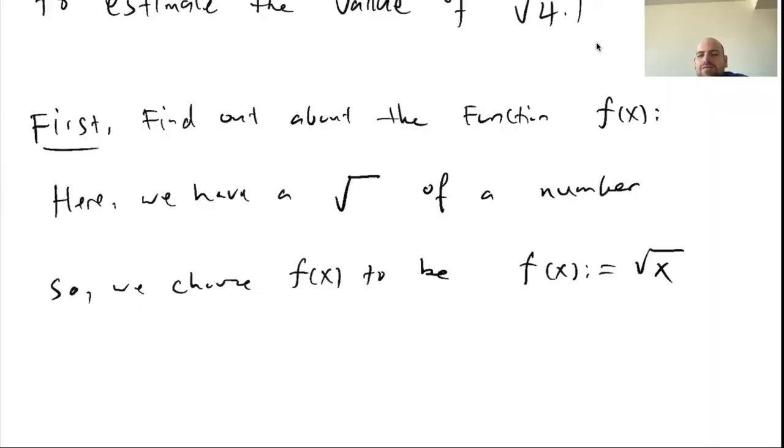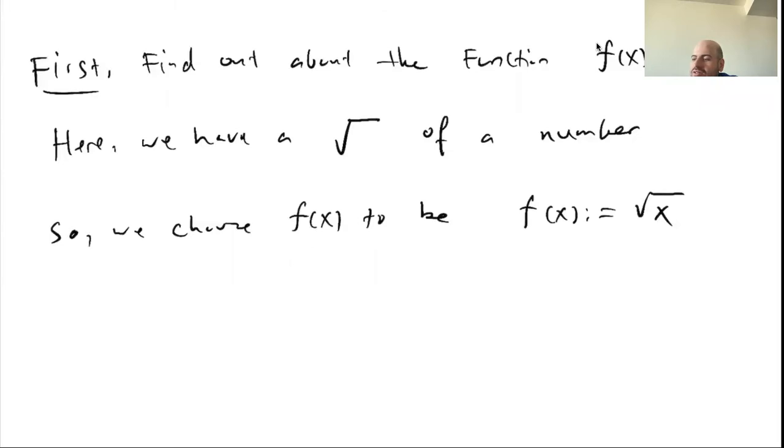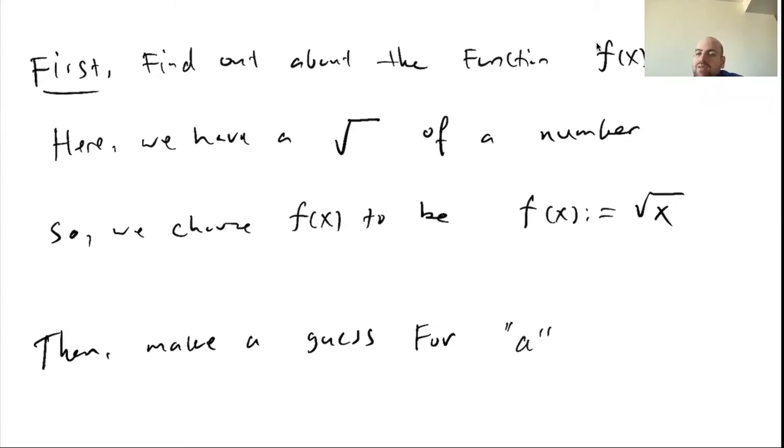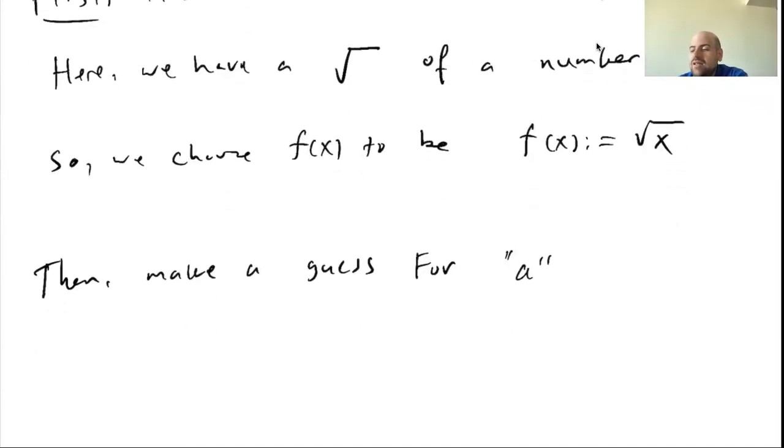And what about the value for a? First find out about the function f of x, then make a guess for our a. So how can we make a guess, or based on what should we make a guess for a? Well, a is generally a number close to the x value that is given to us.